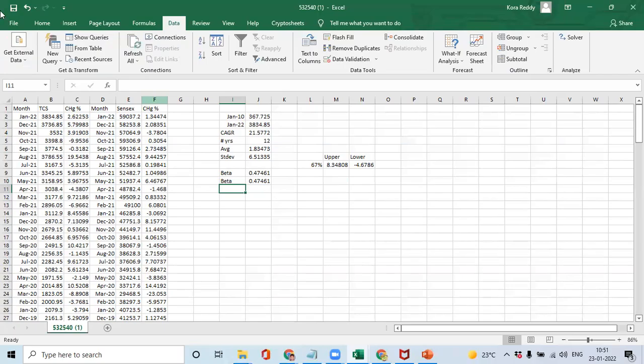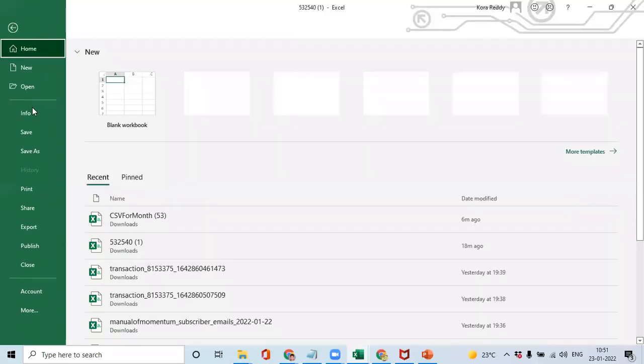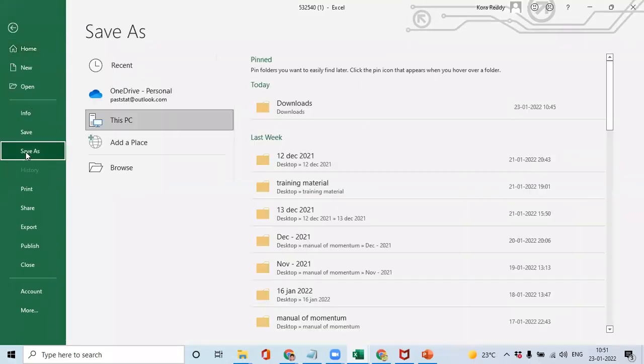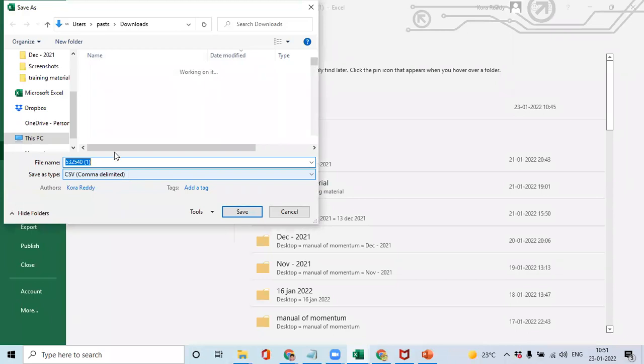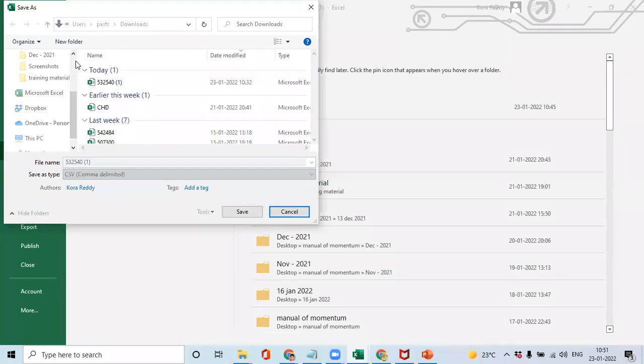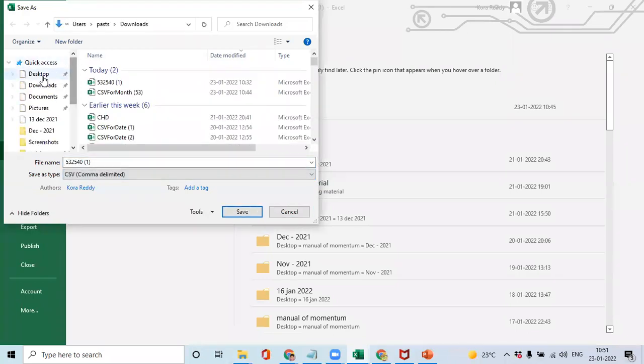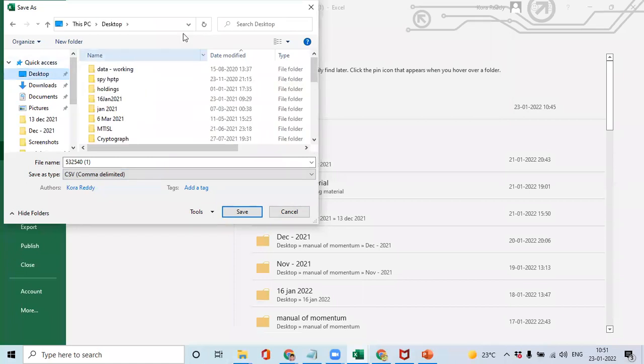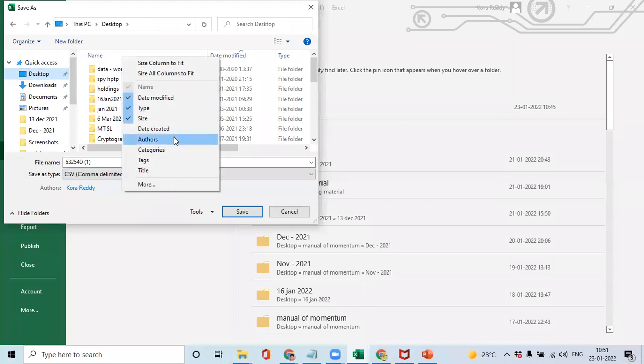I have to save this. I will provide this sheet. Where do I save it? Browse. Pick a folder.